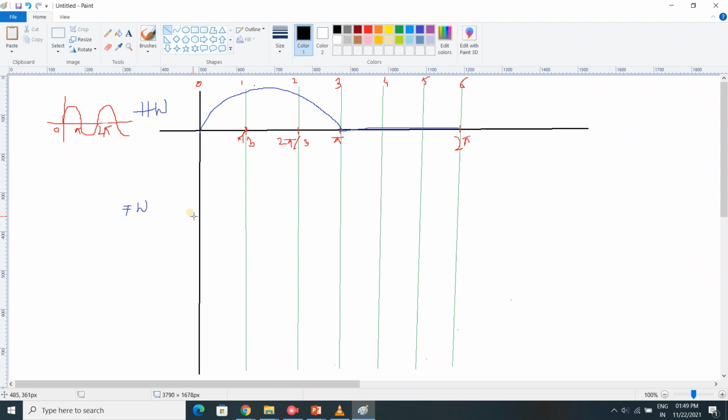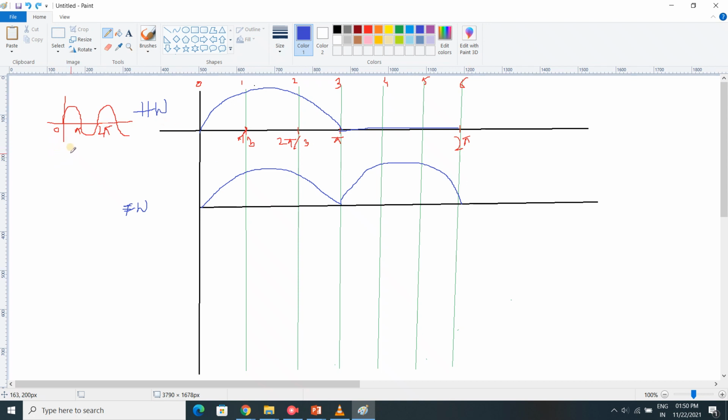Now for a full wave rectifier, the full wave will have 2 sets of diodes. Then the same thing will look like this. Full wave, because full wave means the negative will also be rectified.